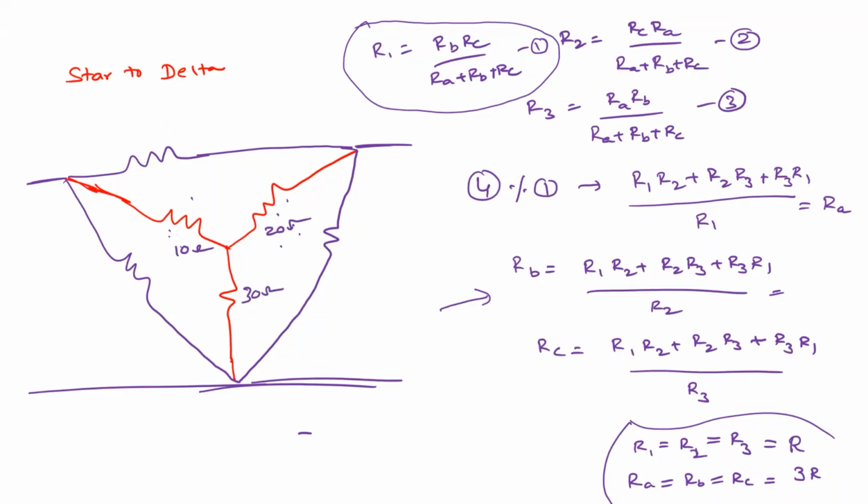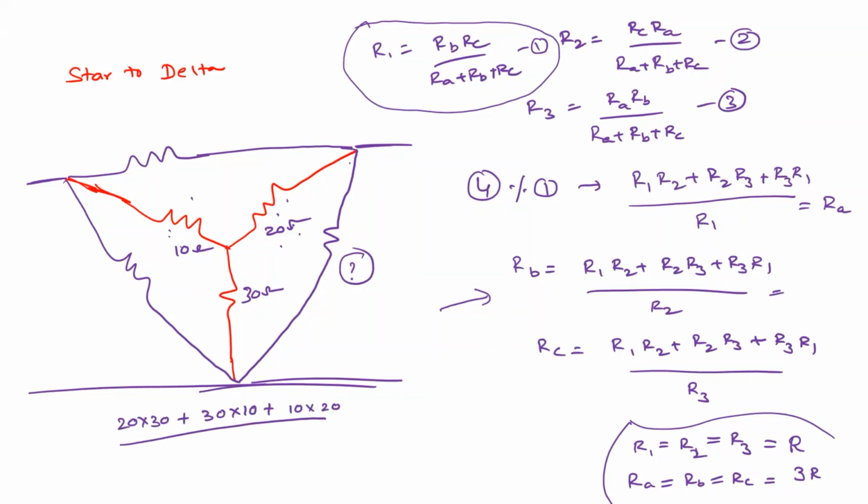Now tell me, how do we calculate this value? 20 into 30 plus 30 into 10 plus 10 into 20, divided by what comes in the denominator?